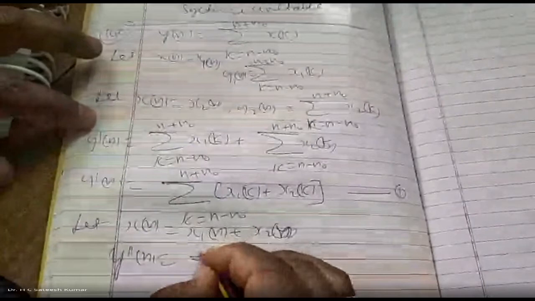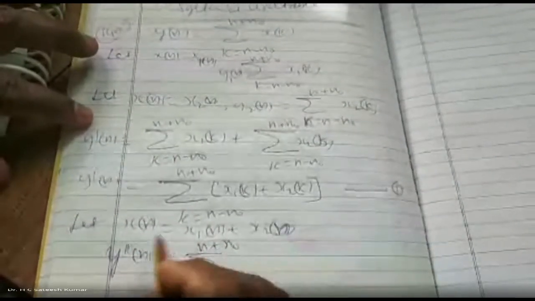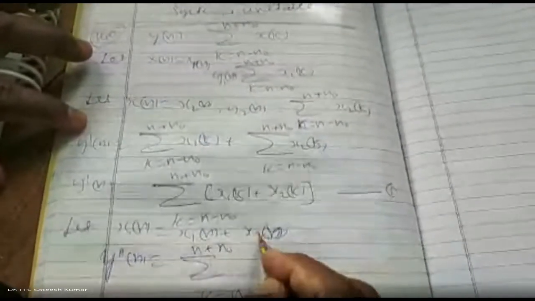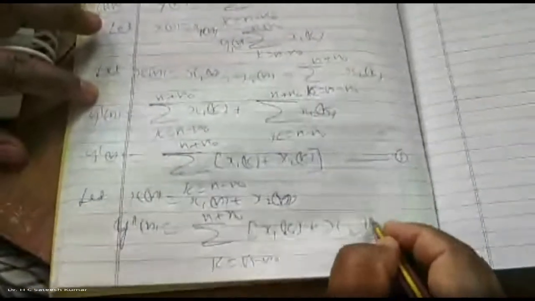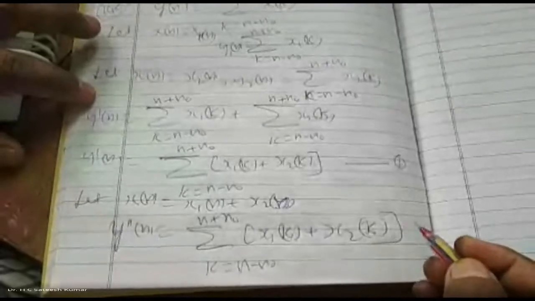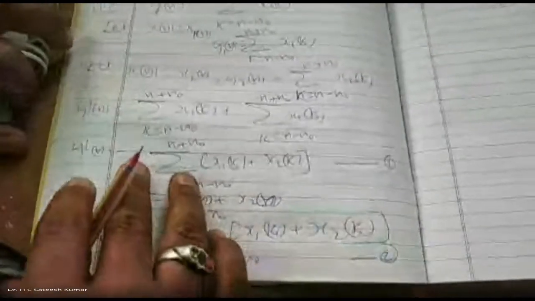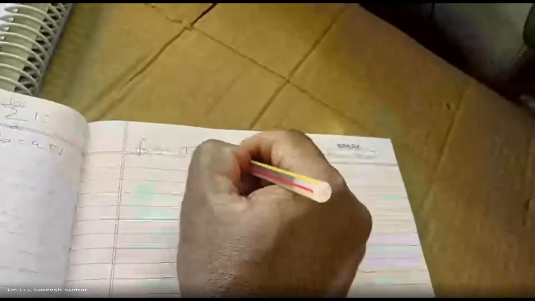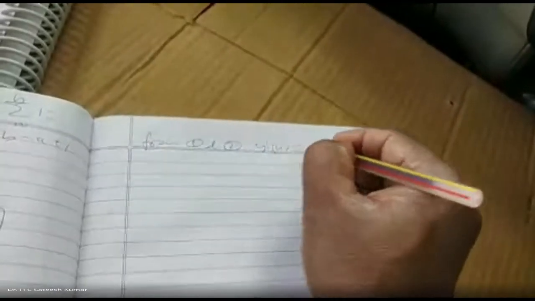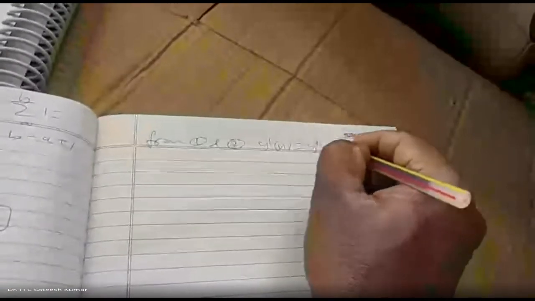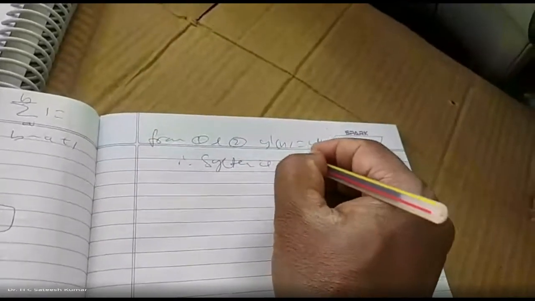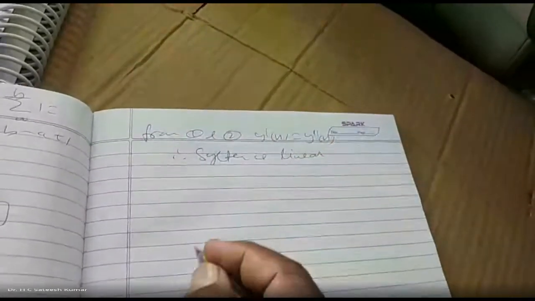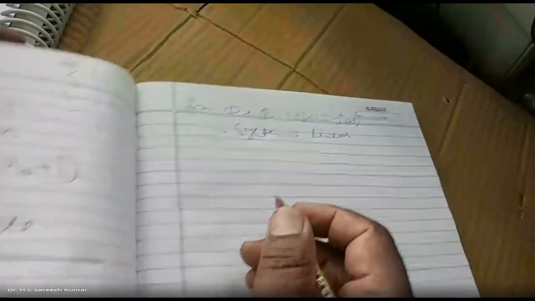When x of n is replaced by x1 of n plus x2 of n, x of k is replaced by x1 of k plus x2 of k. Call this as equation number 2. From 1 and 2, what is that we have? From 1 and 2, y dash of n is equal to y double dash of n. Therefore, system is linear. Okay. Next one.